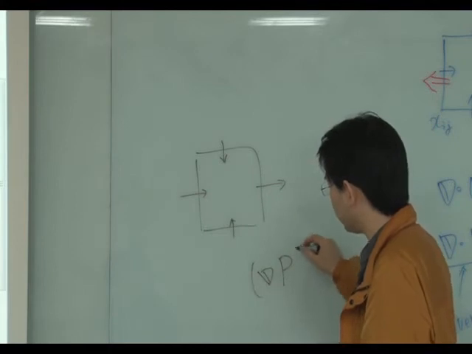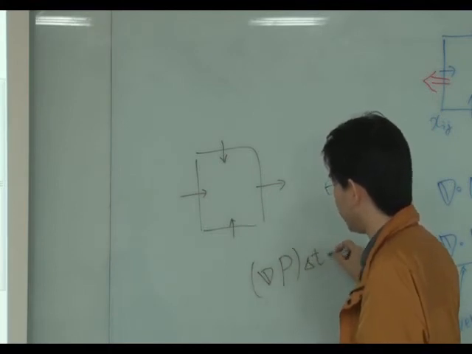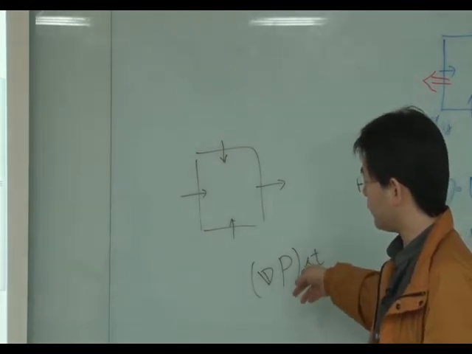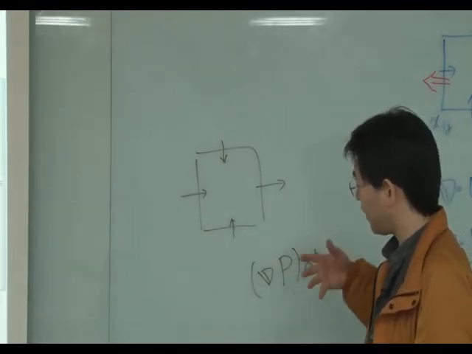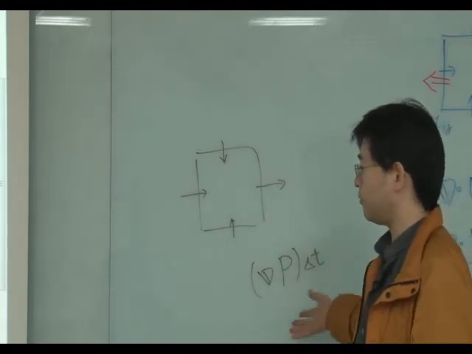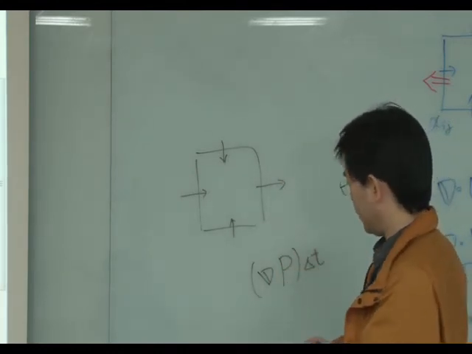Pressure gradient times delta T. You can understand this one as the velocity change caused by pressure distribution.